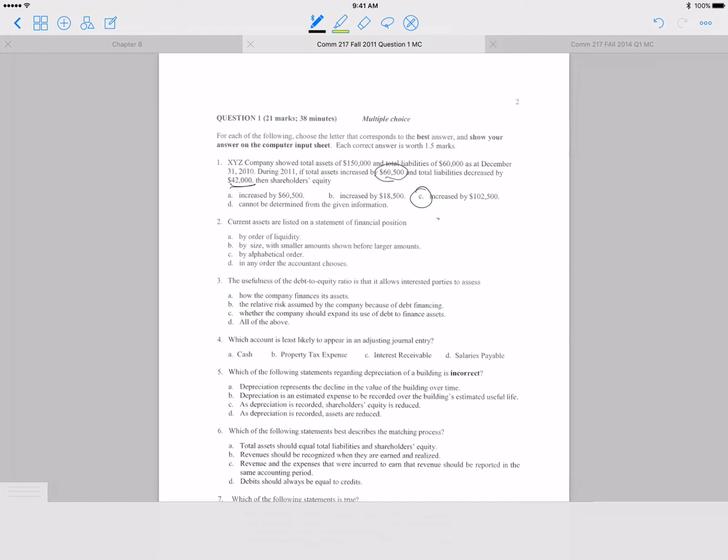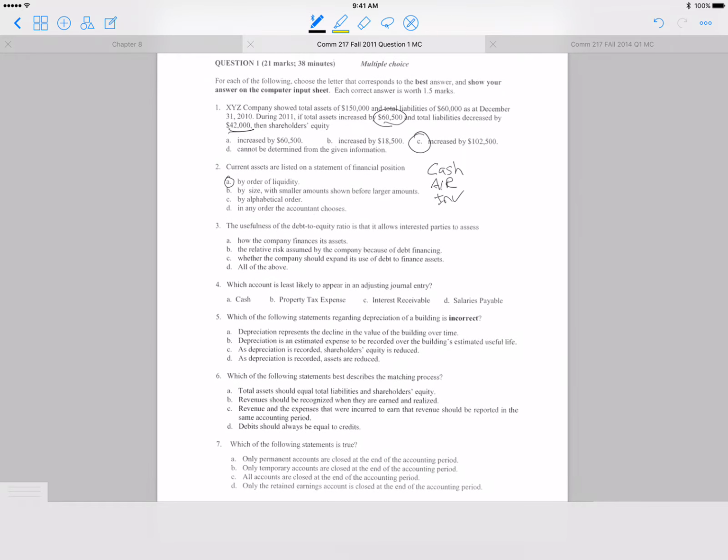So just as an example, it should be cash first because cash is the most liquid. Then it will go into accounts receivable and then inventory. So this is an example of an order of liquidity. As you can see, A shows the exact definition, and that would be your answer.